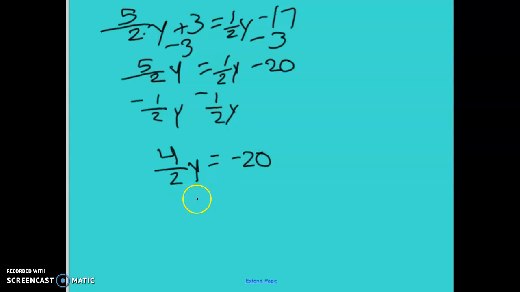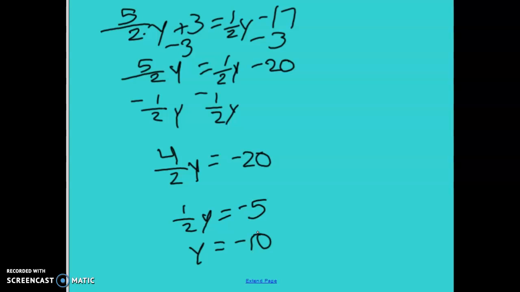If 4 halves equals a negative 20, well then how much is 1/2 of y? You can see I need to divide, right? It's going to be equal to negative 5, right? And then if 1/2 of y equals negative 5, then y equals a negative 10.